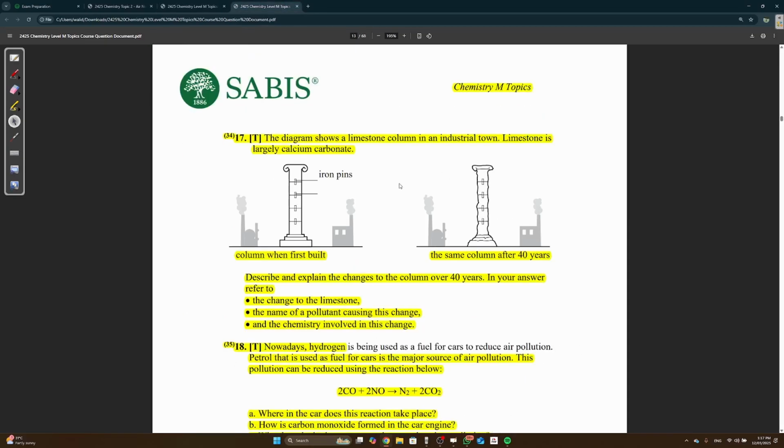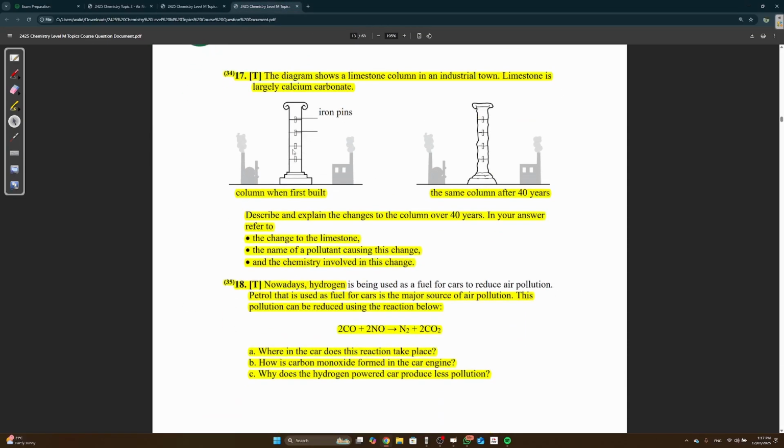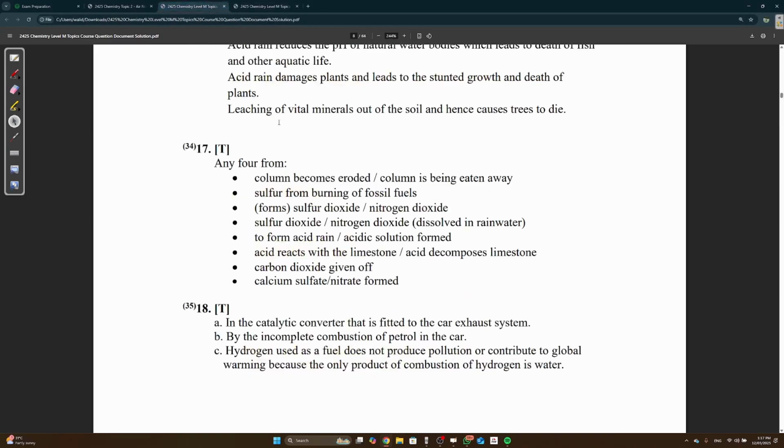Okay, so what's happening here? Whenever you see limestone eroding like this, first you say it is being eroded. Why? Because the sulfur dioxide formed acid rain, and it reacted with the limestone to decompose it.